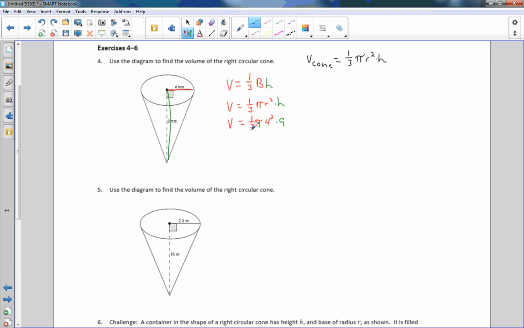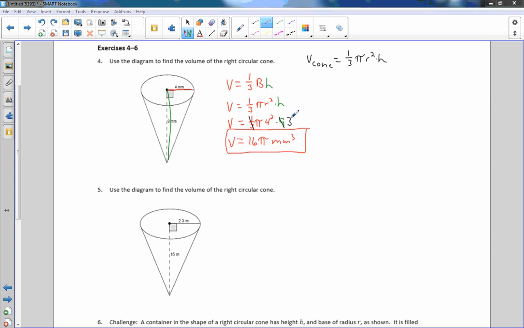Okay, so simplifying this, 1/3 times 9 is 3. So then I can say the volume equals 4 squared is 16 pi millimeters cubed. Okay, so there is the answer. 16 pi millimeters cubed.